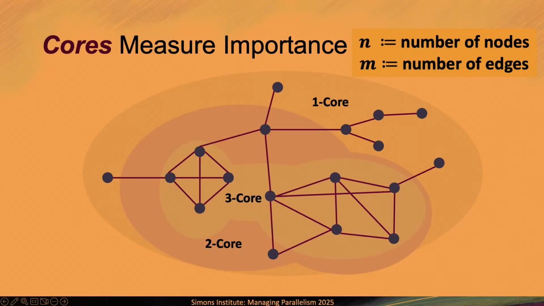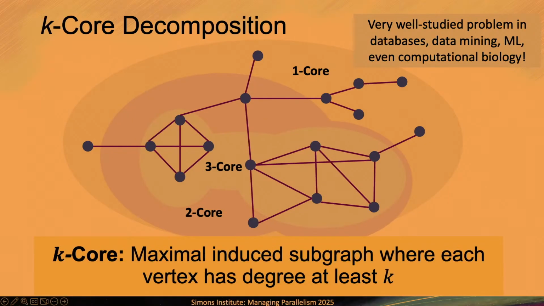Okay, so like every other paper, we're going to use n to denote the number of nodes in your network and m the number of edges. So this is the formal definition of a K-core. A K-core is a maximal induced subgraph where each vertex has degree at least k.